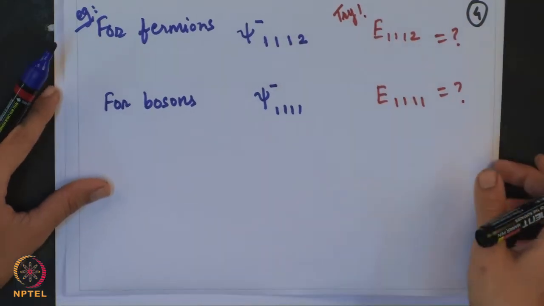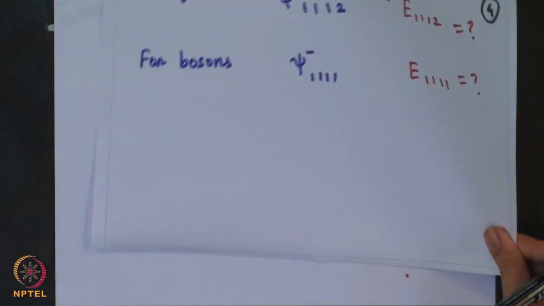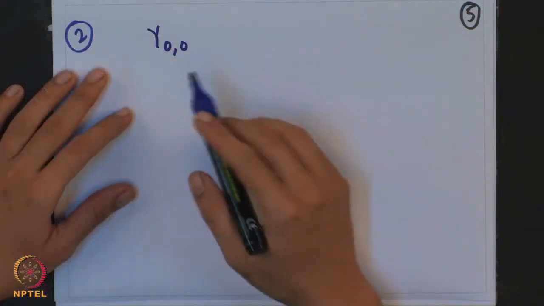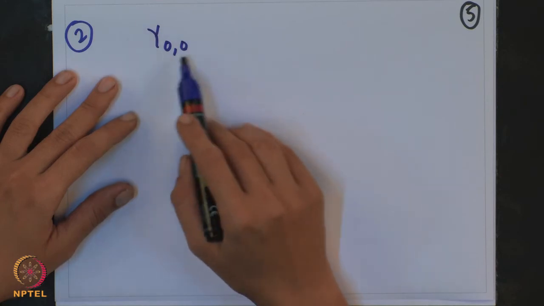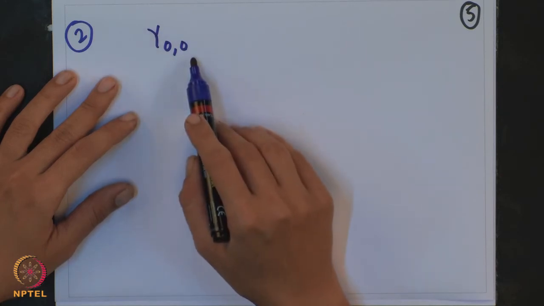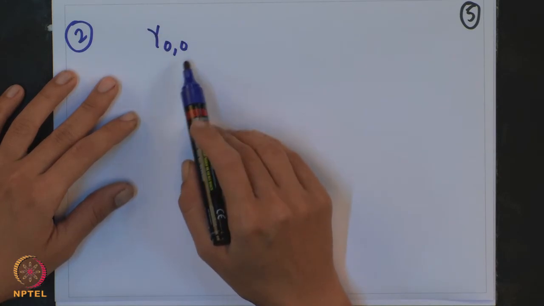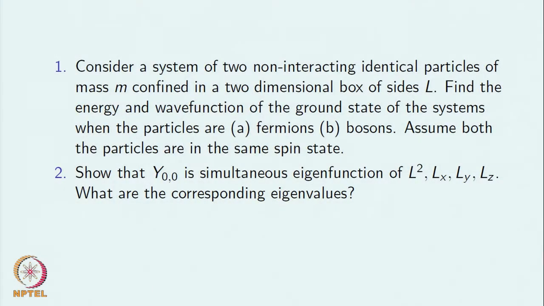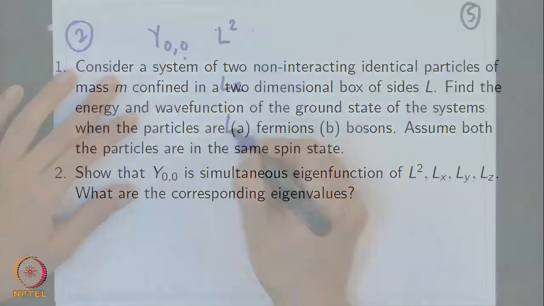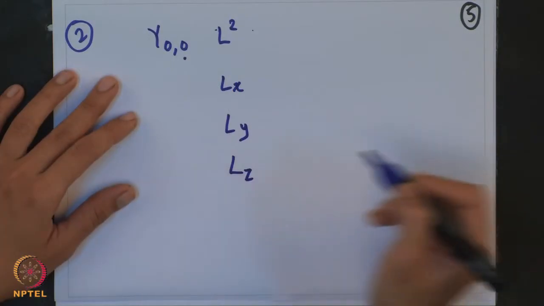Let us go to the second problem, spherical harmonic. You are given the spherical harmonic y00 and you have to find out whether y00 is a simultaneous eigenfunction of L square, Lx, Ly and Lz.